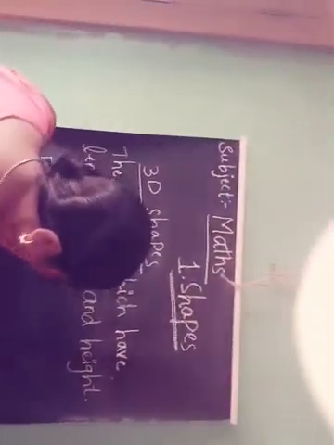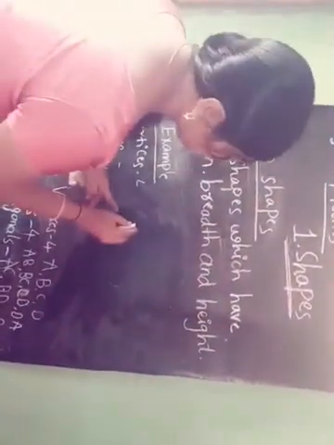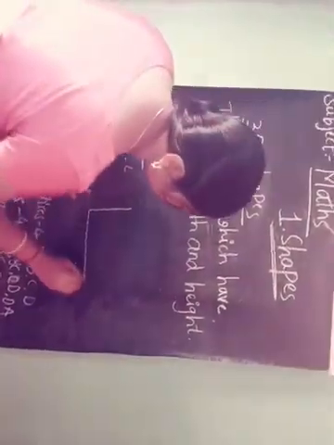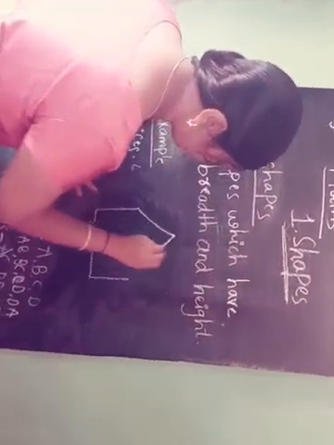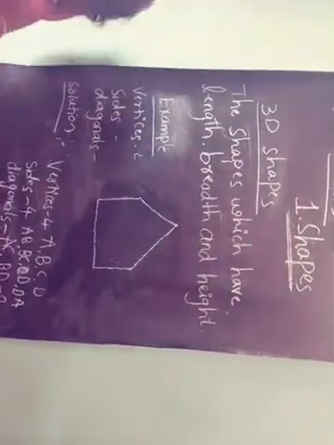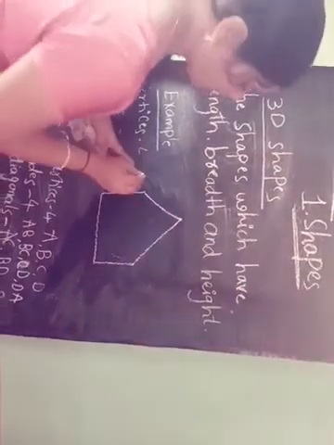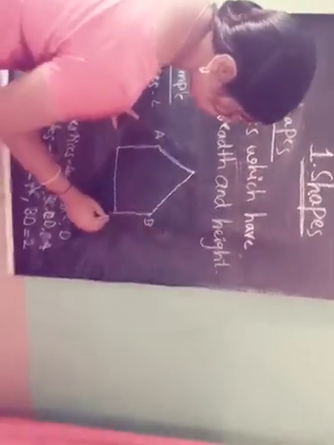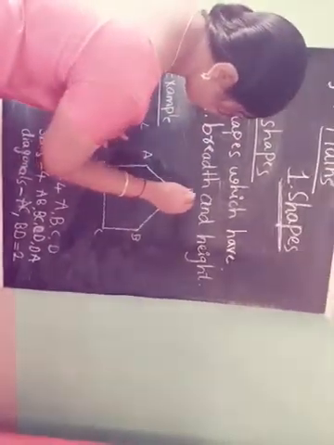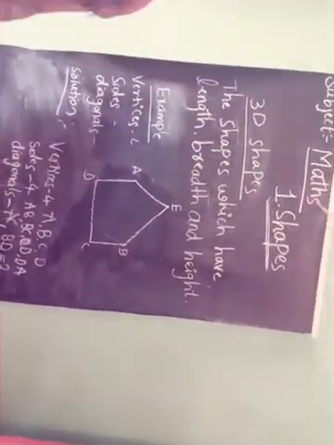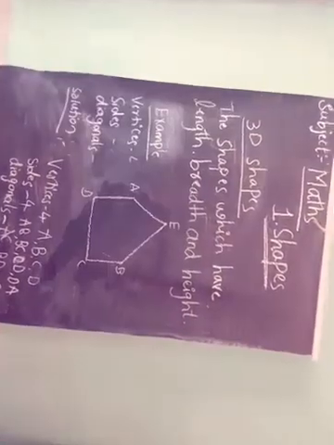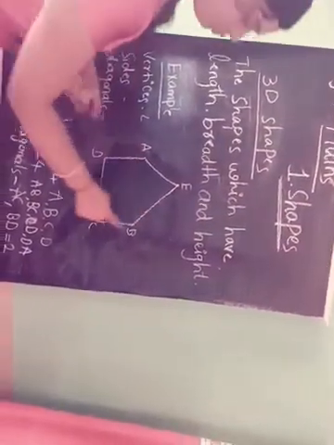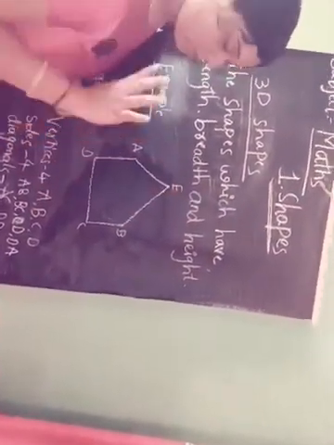One more interesting shape. Let me draw this one like this. Now I will write here A, B, C, D and E. How many vertices does it have? 5 vertices.